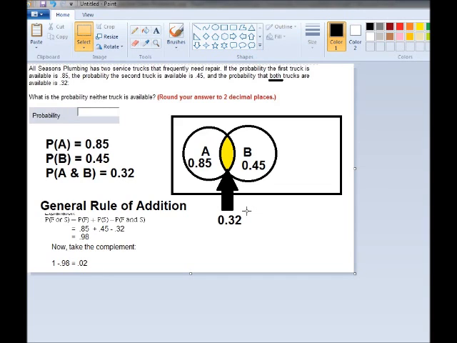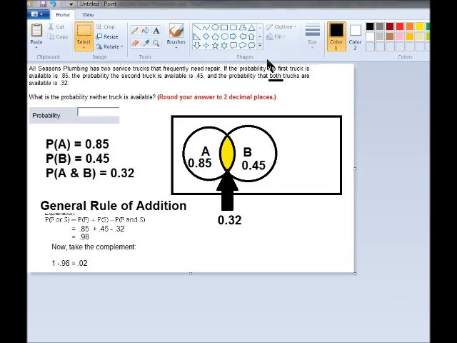So I hope that helps. A lot of it is understanding these key words like both, which goes with this part of the equation, and then the either or. And again, let me just emphasize that the general rule of addition is the same as the special rule of addition.